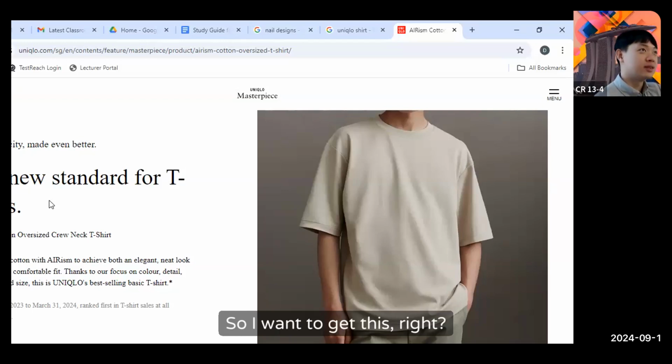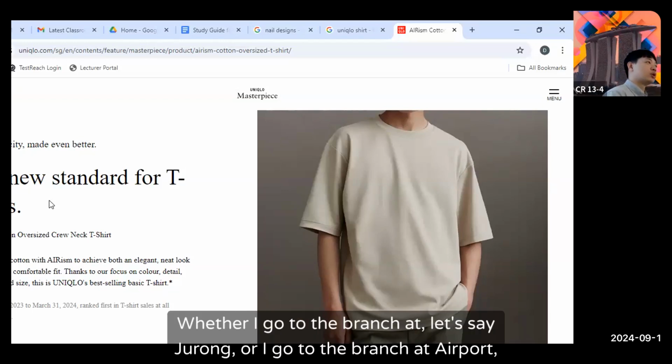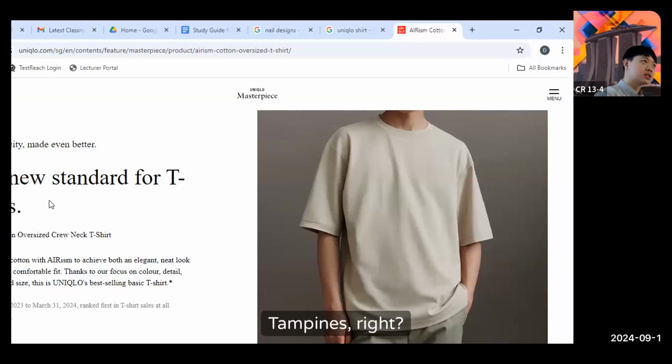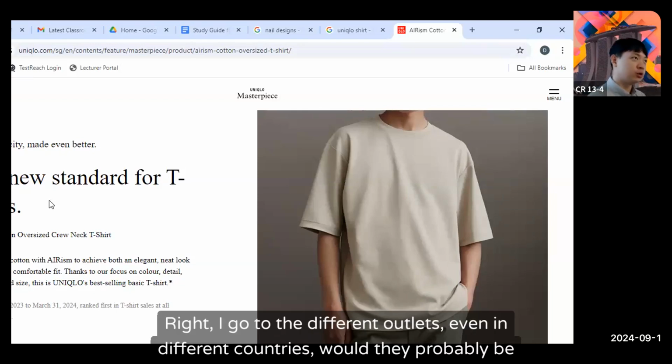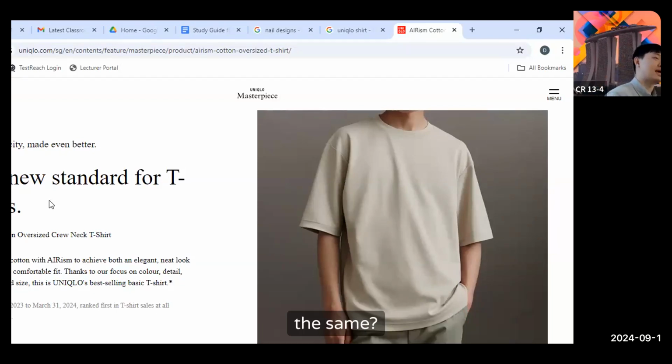So I want to get this, right? Whether I go to the branch at, let's say, Jurong, or I go to the branch at Airport, Tampines, wherever in Singapore, or even in Malaysia, would we expect to see the same item? Let's say I look at this here. I go to the different outlets, even in different countries, would they probably be the same?